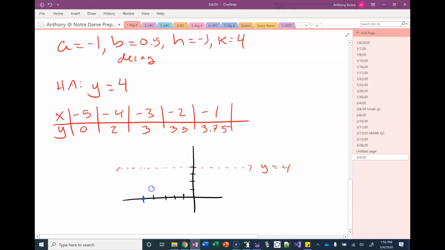So -5, 0, -4, 2, -3, 3, -2, 3.5, and -1, 3.75. So there's that.